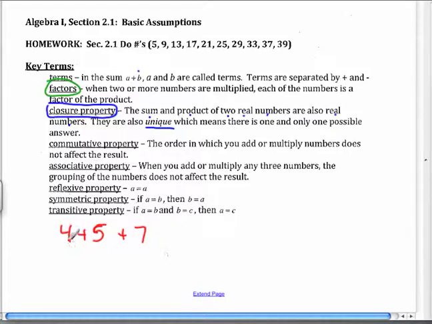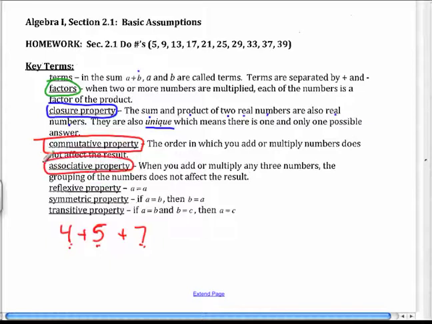I can add 4 and 7 and then 5, or I can add 5 and 7 and then 4, or I can add 4 and 5 and then 7. Okay? Same thing with multiplication. It doesn't matter what order I do it in, I'm always going to get the same thing. All right? Now that's commutative. The order in which I do these things does not affect the result.